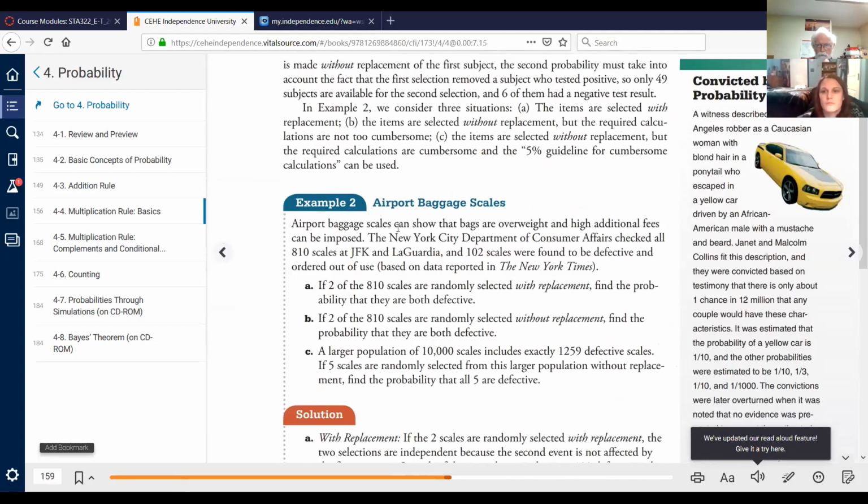This is something I've always suspected at airports when they weigh baggage, if their baggage scales are defective, if they read high. Especially when we go visit one of our kids overseas, there are pretty strict limits on baggage weights.